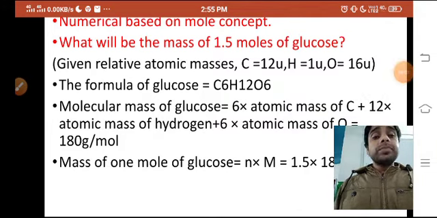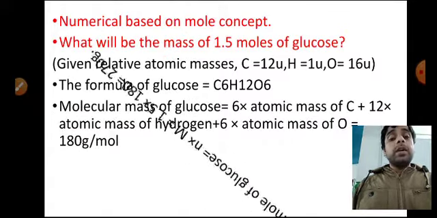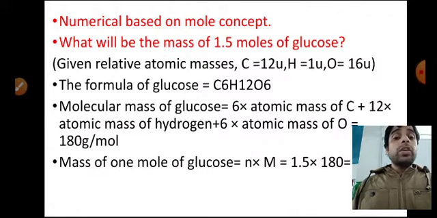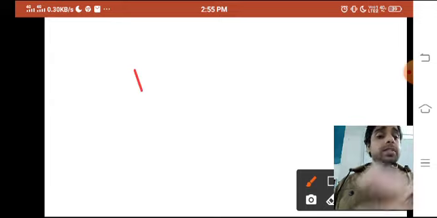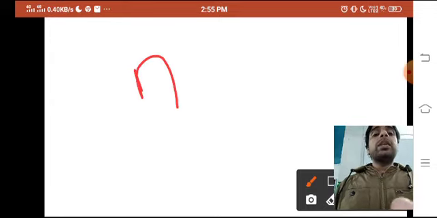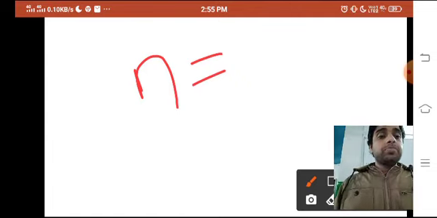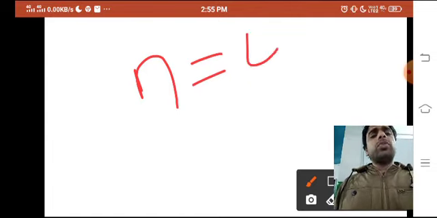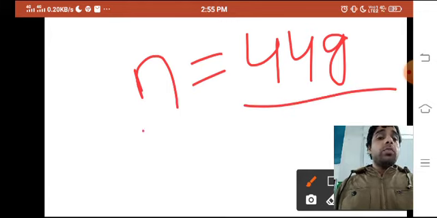On that basis you can calculate different types of numericals, and you can also calculate moles. If the mass is given, for example, the mass of carbon dioxide is 44 gram, then what is the number of moles?